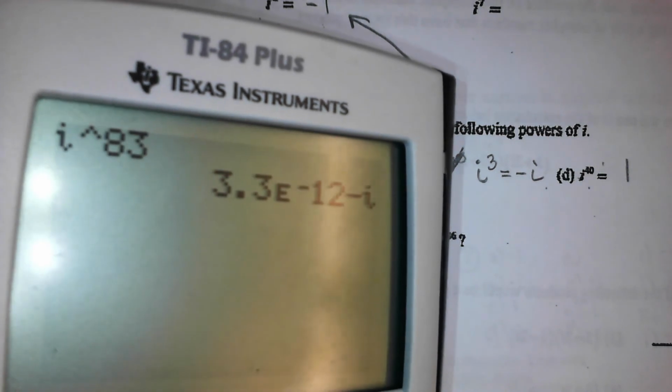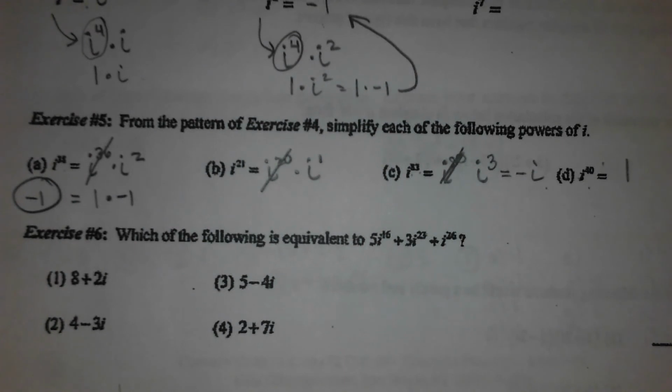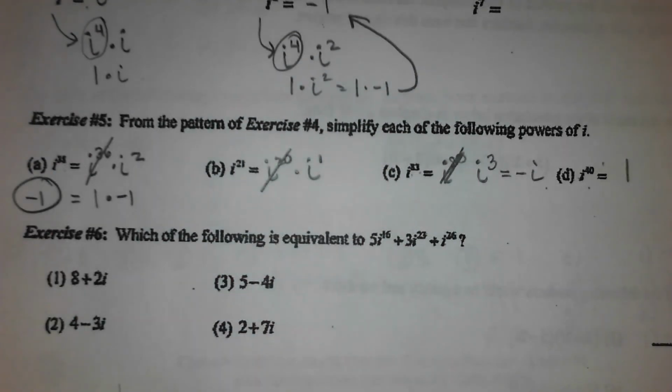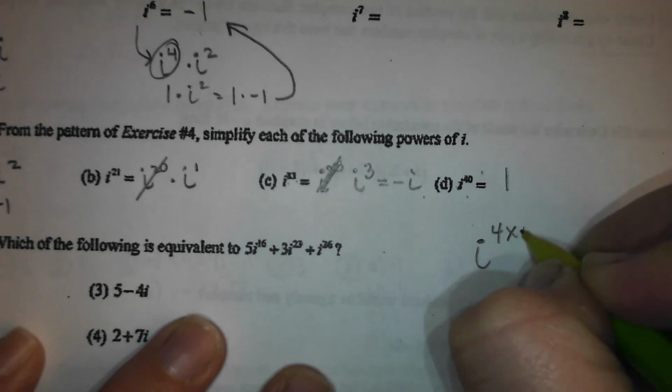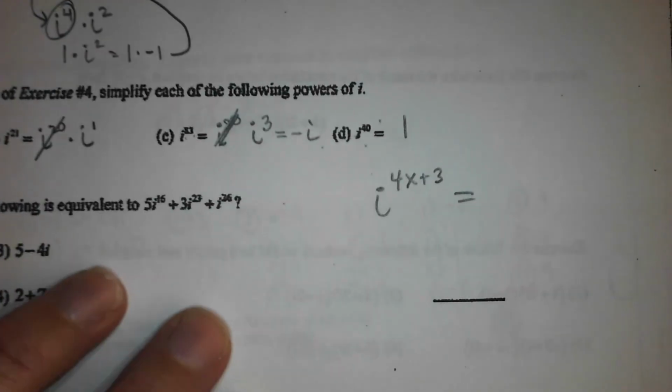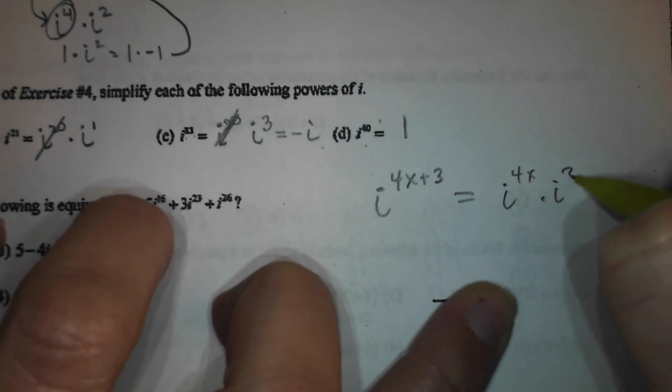So I guess it depends on what model you're using, but I feel like it might be a setting I can change and tell you guys what to put it as. So I do still want you to understand the logic behind it, because the Common Core will find a way to ask you something like this. And that's going to be I to the 4x times I to the 3rd.